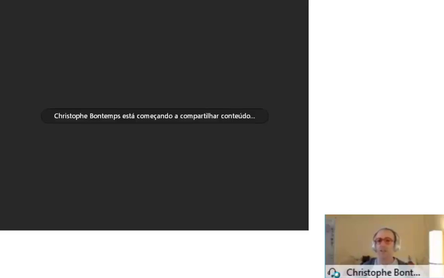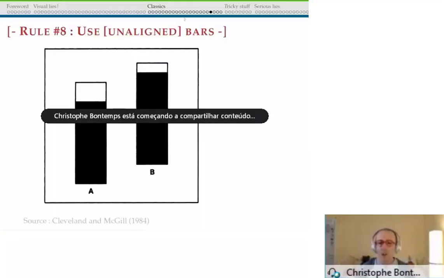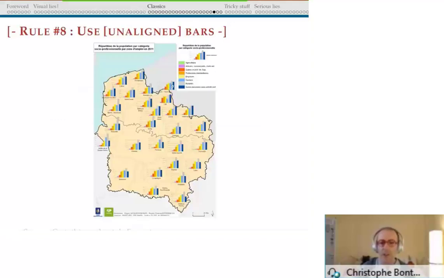So if we are not good at comparing bars when they are not aligned, why do we do this kind of stuff? Why do we use unaligned bars, like in maps, once again, where you have so many bars to compare? Of course, there is a grid here. You can maybe compare the numbers. No, it makes no sense.